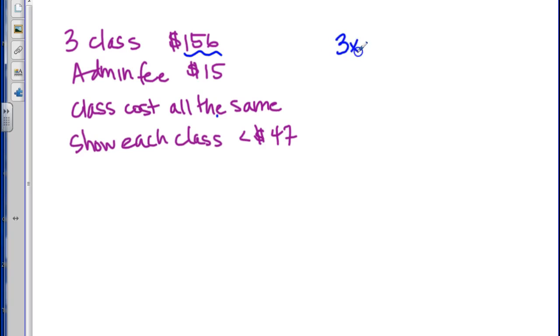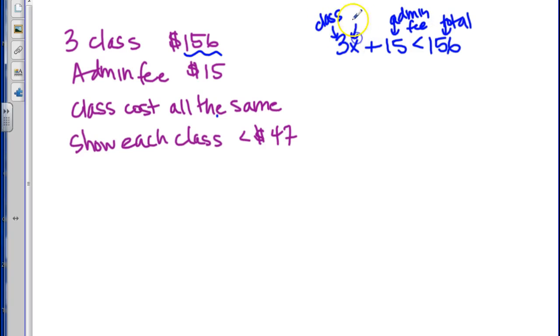That means 3x plus 15, if all the classes are equal, 3x plus 15 is less than $156. So this is the total that she spent. This is the admin fee. And this is the 3 classes that she took. And this is the cost per class that we don't know. So hopefully that makes sense on the setup.